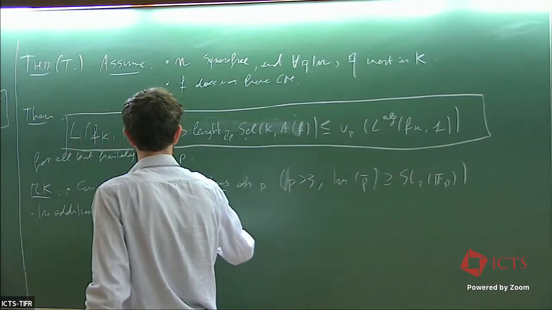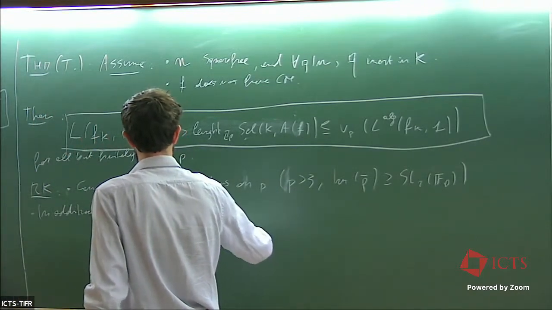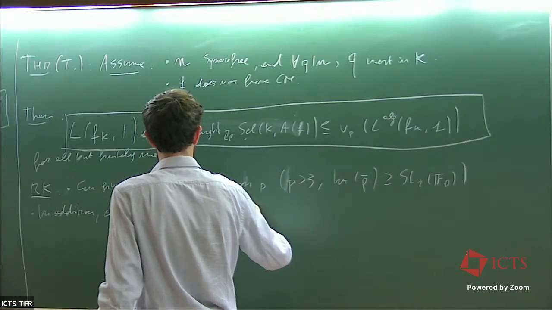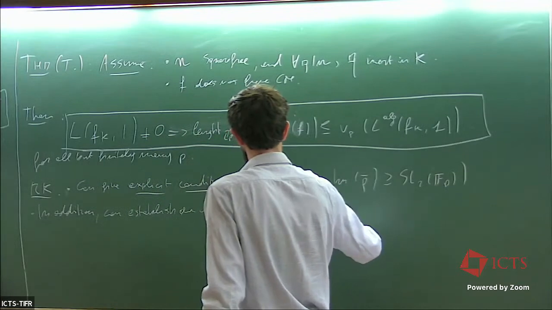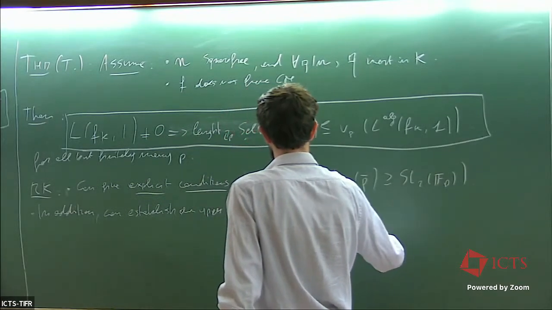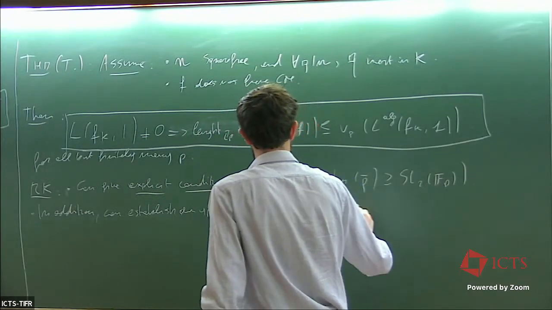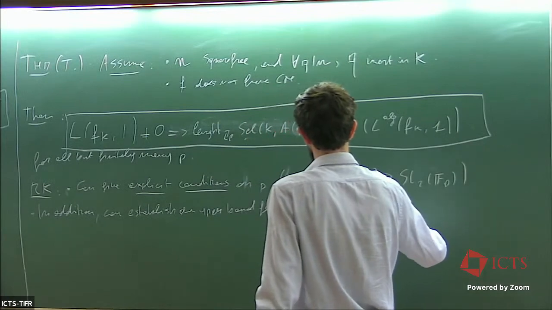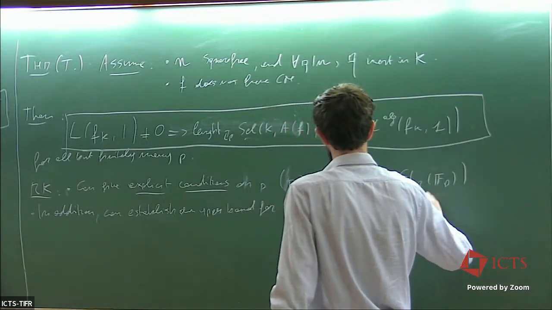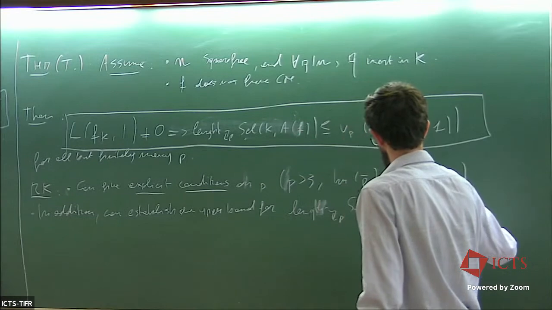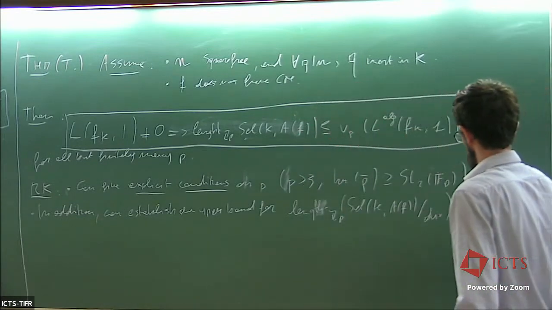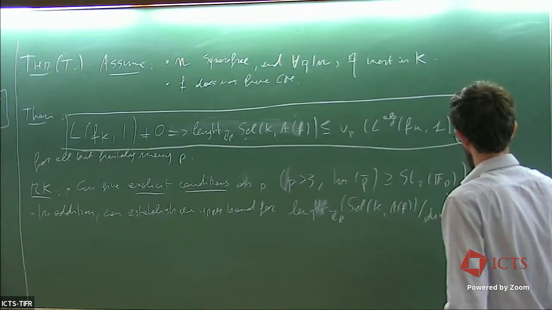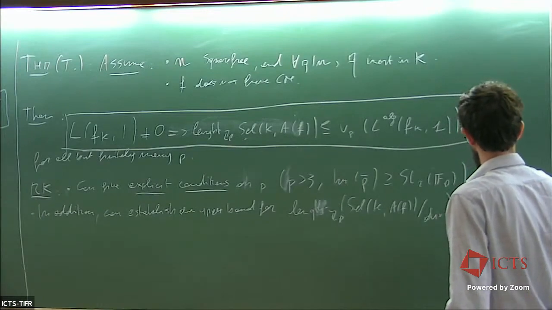Namely, you can establish an upper bound for the length of the Z_p module of this Selmer group modulo the divisible part, in analytic rank 1, so when the first derivative doesn't vanish at 1.